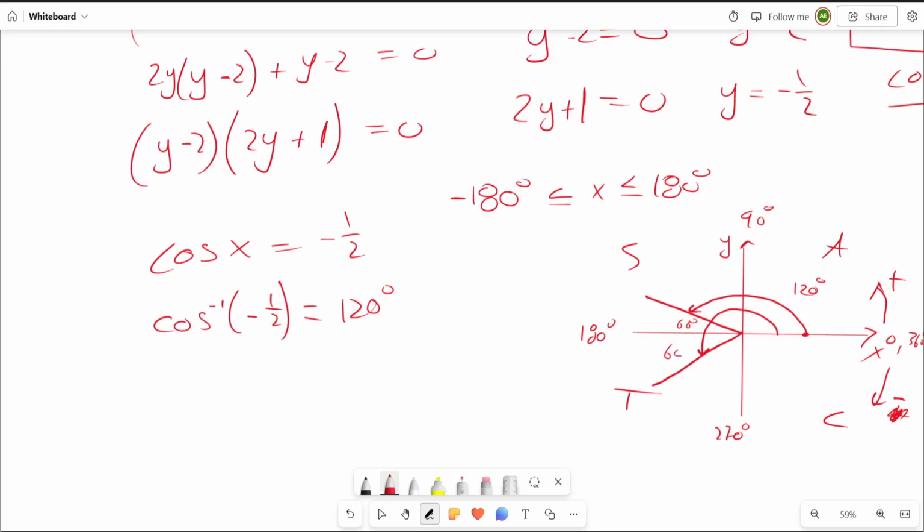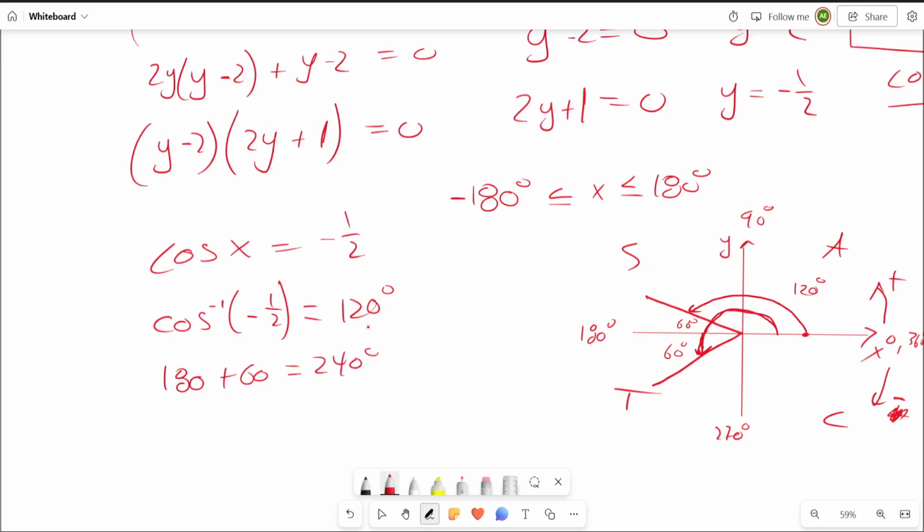And by symmetry, this is also 60 degrees. So to get this second answer, I will need a 180 straight line, and then I will need to add this 60 degrees part to it. So my second answer is going to be 180 plus 60, which is going to give me 240 degrees.